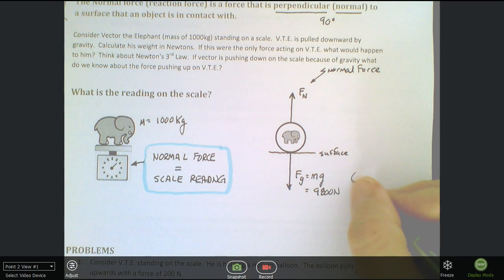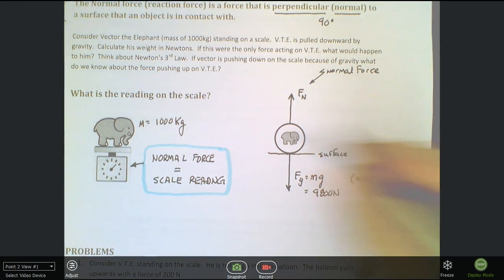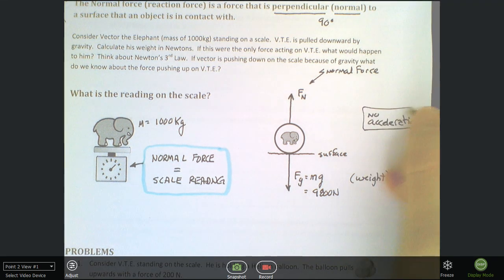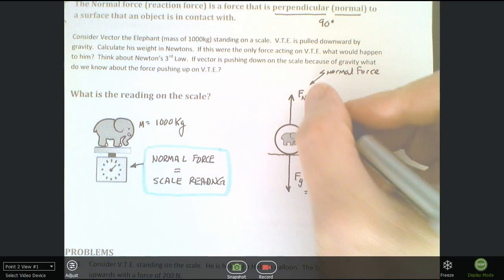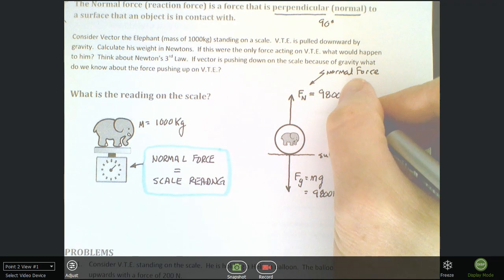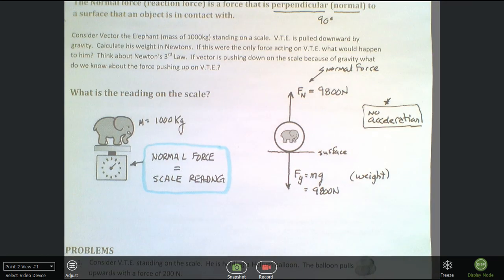So this, remember, is the weight of the object. So in the very specific case of no acceleration, the normal force will exactly equal the weight because you're not accelerating.